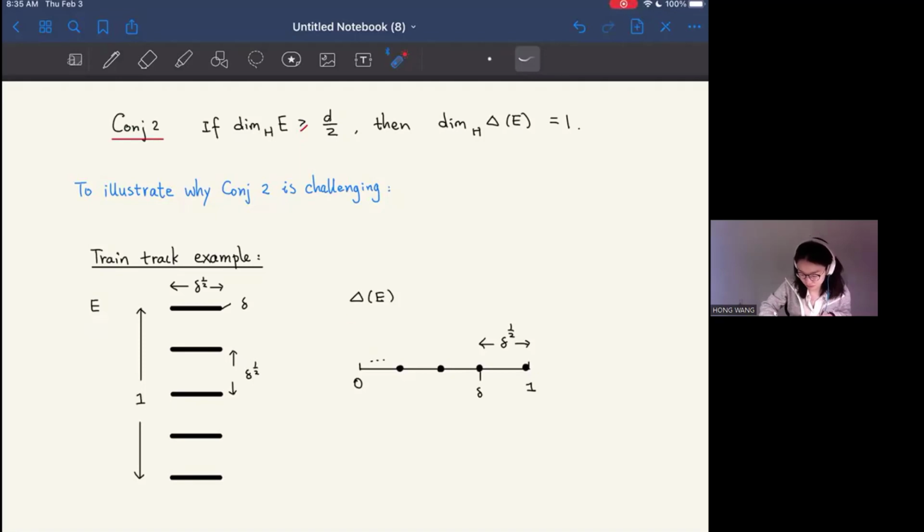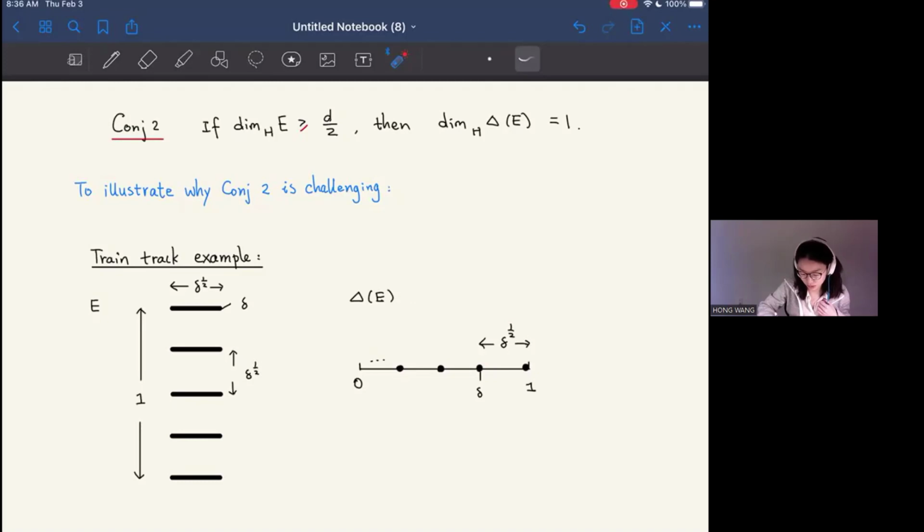When we draw the distance set, we will see a collection of small delta intervals about delta to the 1/2 apart, at least near 1. As those small intervals go to 0, they become slightly denser, but the main part looks like delta to the 1/2 apart.